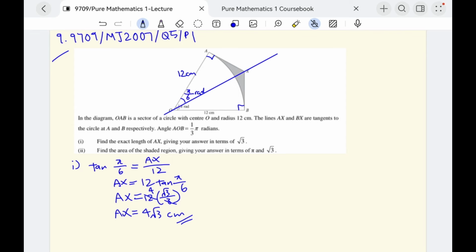Alright, 4 root 3. Okay, for the next part, find the area of the shaded region. So how to find the area of the shaded region? Okay, since these two triangles are congruent, why do I say congruent?